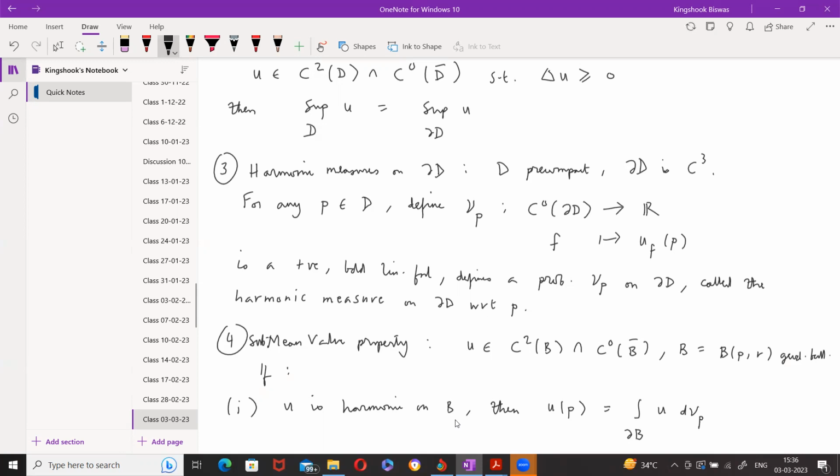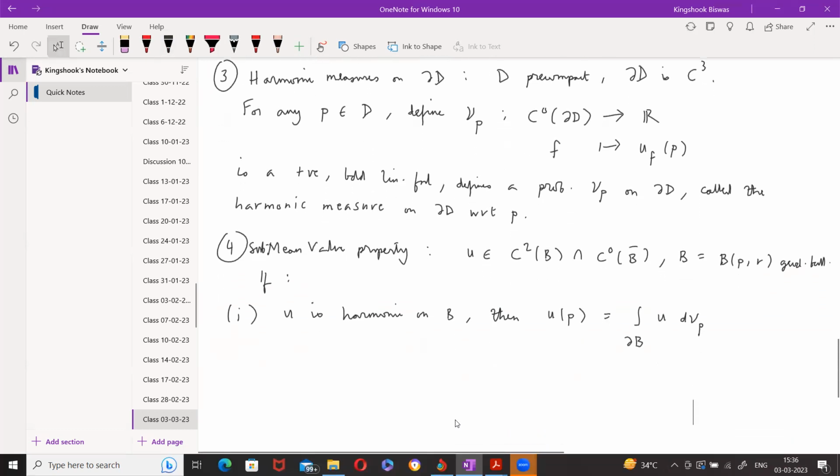This is by definition, really. Do you understand? This is by definition of the harmonic measure. Is that clear?